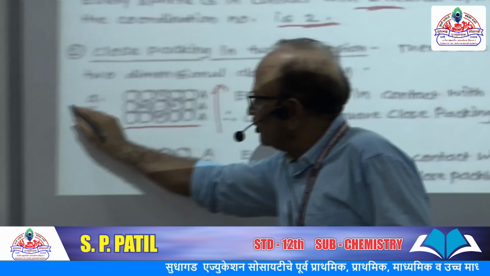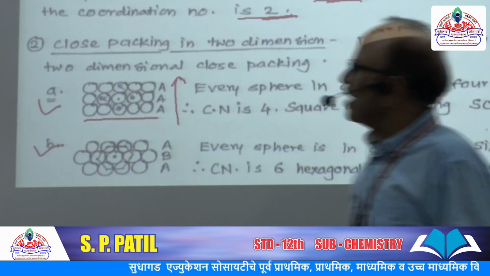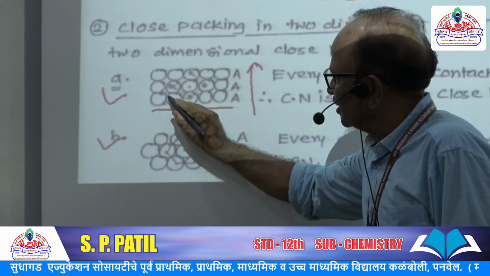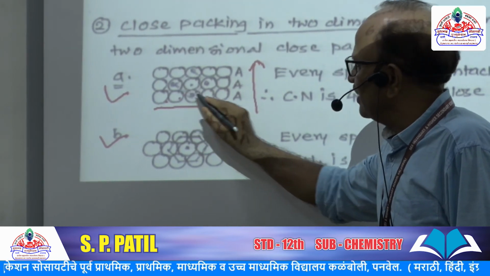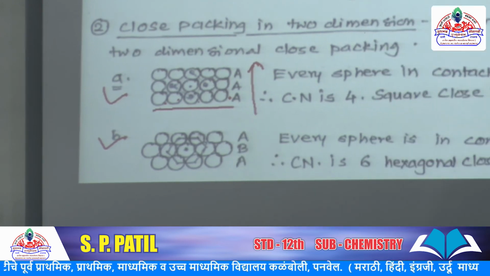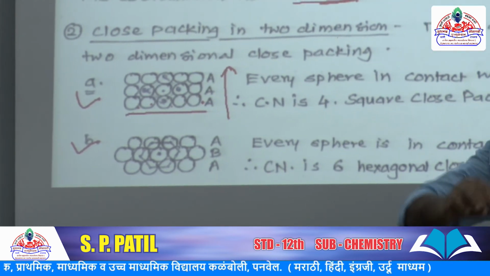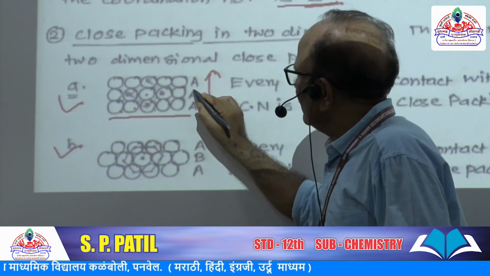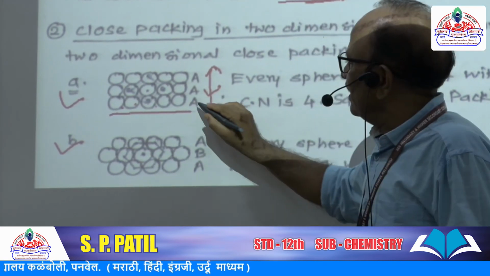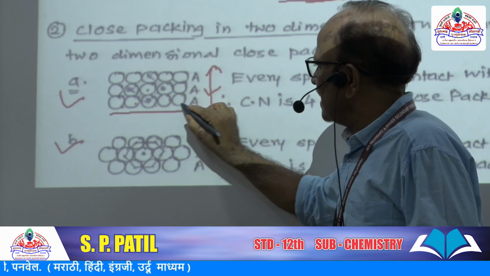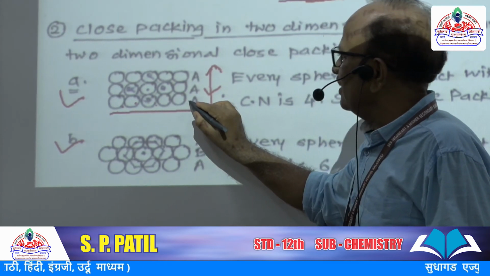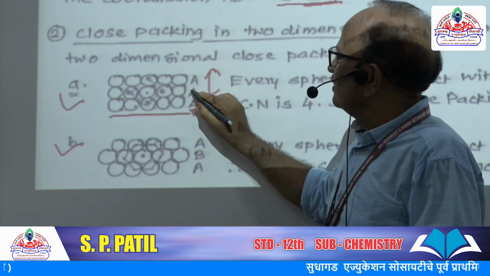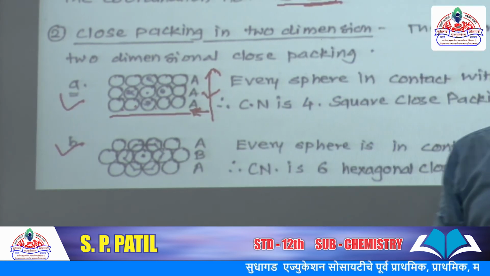Now there are again two ways for two-dimensional close packing. One sphere touching the second sphere, third sphere, fourth, and in this way. If this arrangement of the first row is called A packing or A system, then by the same system the second row is also arranged.